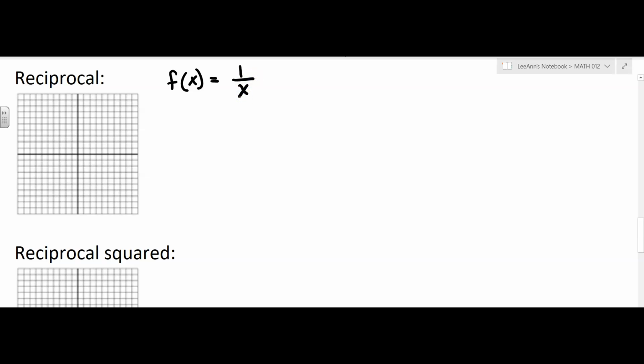Now, you know that x cannot be 0, and so because of that, there's going to be an asymptote, right there on the y-axis. And then also 1 over x cannot equal 0, so you're also going to have a horizontal asymptote on the x-axis. Okay?